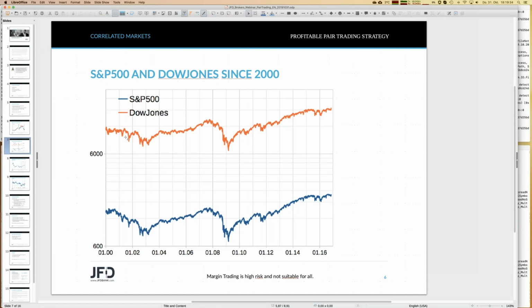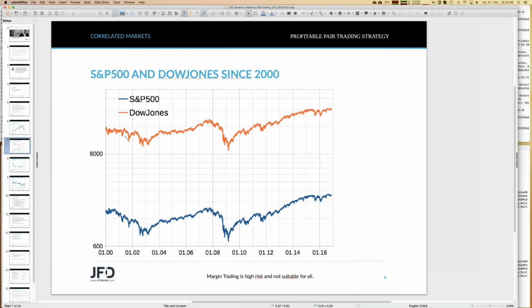Both the S&P 500 and the Dow Jones are just a selection of United States stock companies. The S&P 500 is created from 500 companies. And for the Dow Jones, there are 30 companies which, if we add them up, more or less give the Dow Jones. It's not really adding up, but you know what I mean.